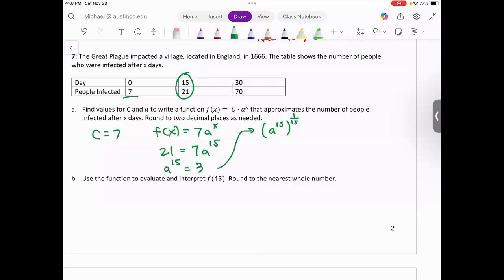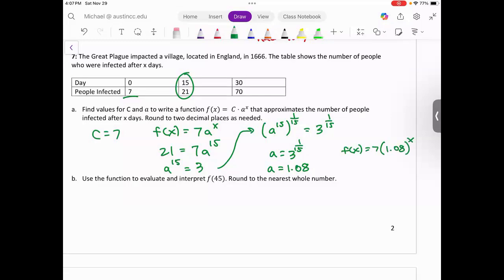We'll just be left with a. But if we do it to the left side, we have to do it to the right side too. So we're left with a is 3 to the 1/15th power, or a is 1.08. So that gives us our function, f of x equals c times a to the x.